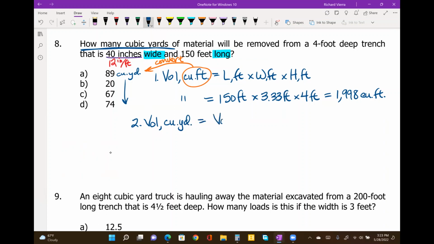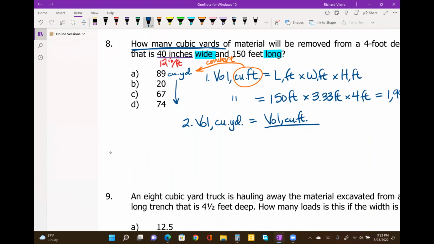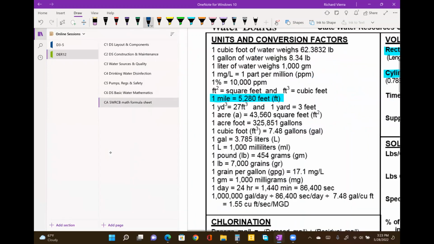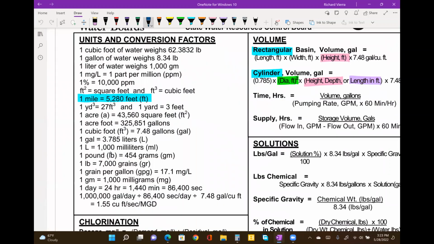Well, we're going to take that amount of cubic feet and divide by the number of cubic feet needed to equal 1 cubic yard. That is actually one of the units and conversion factors as well. If you look back on that sheet right below the last one we looked at for the feet in a mile, you see there is this 1 yard to the third power, that's cubic yard, is equal to 27 feet to the third power, or cubic feet.